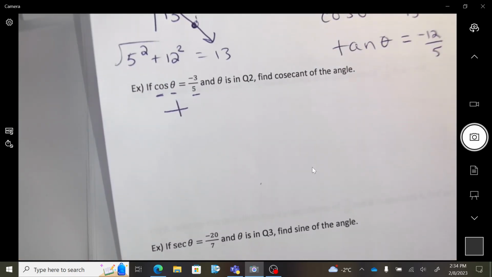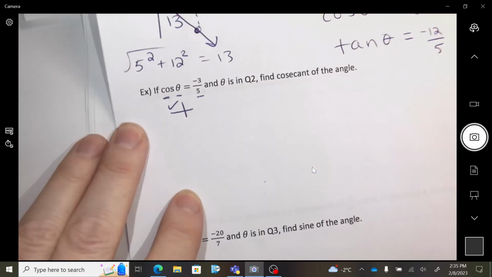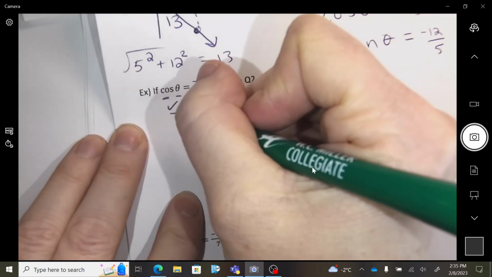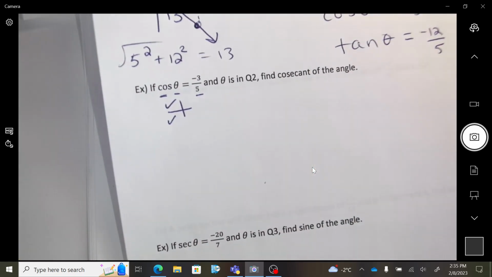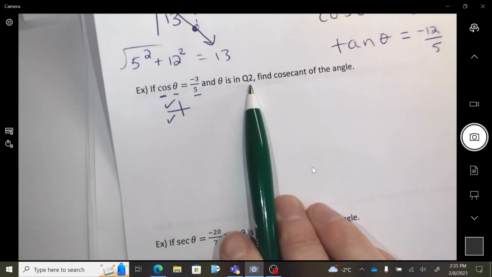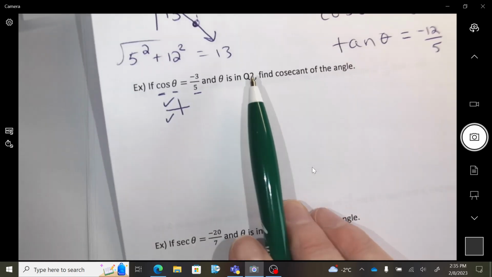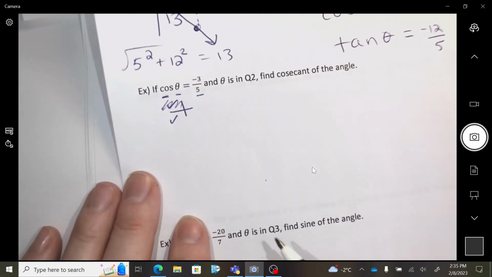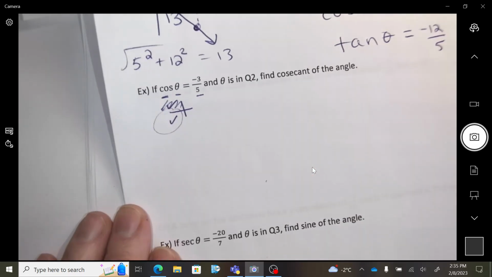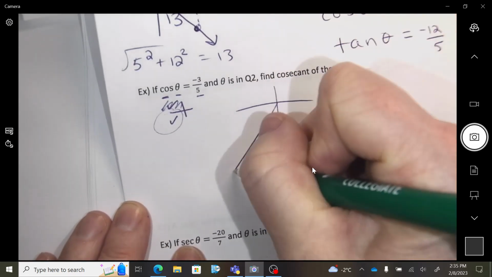Where could I be if cos is a negative? ASTC. Think ASTC. 2 or 3. I could be in quadrant 2 or 3. Okay, now it tells me the angle is not in quadrant 2, so forget that. Where am I? I'm in quadrant 3.